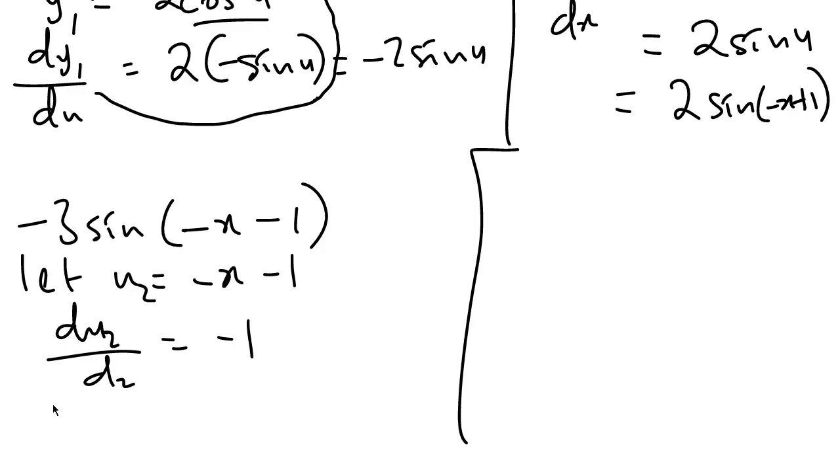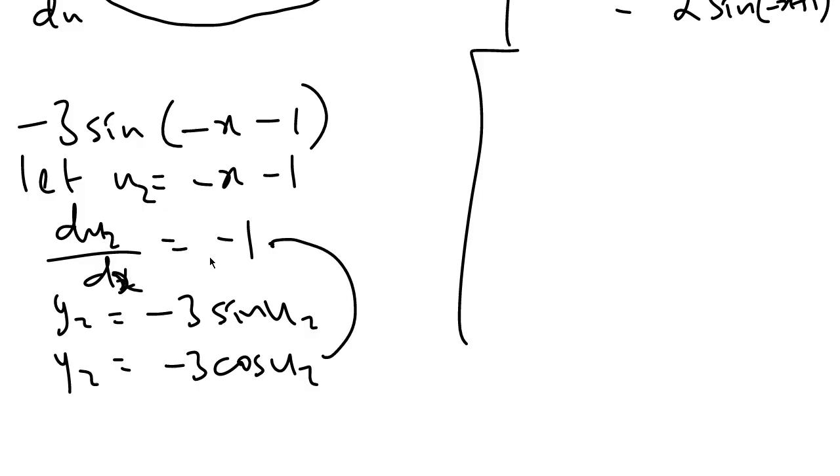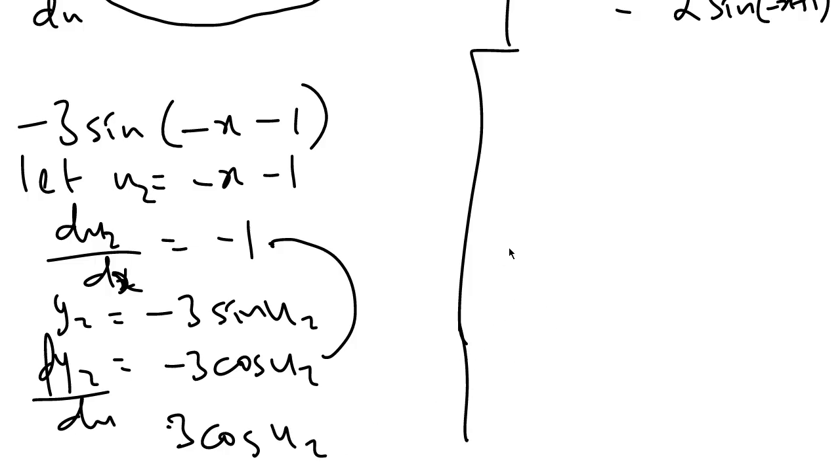Then y2 is -3 sin u2, and if we differentiate this, it's going to give us -3 cos u2, because the differential of sine is cos. And then if we multiply du/dx by dy2/du, we're going to have positive 3 cos u2, which is 3 cos(-x - 1).